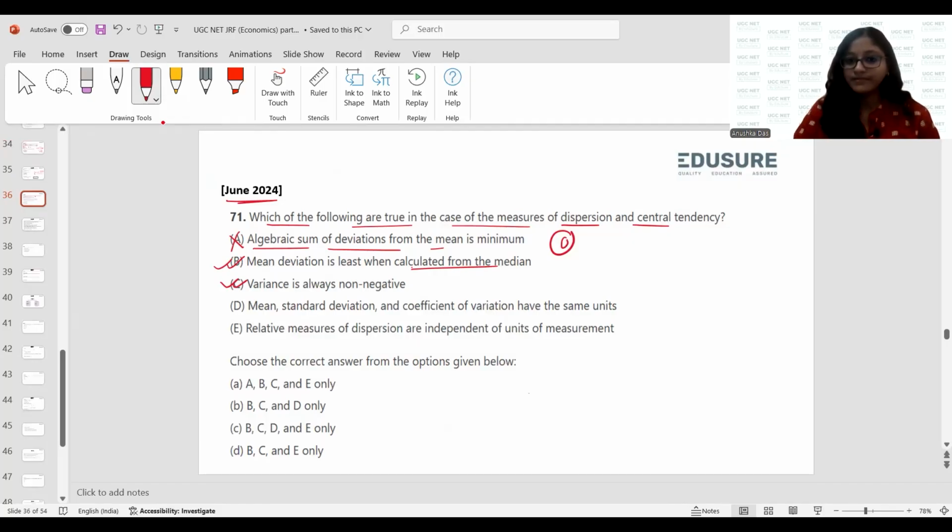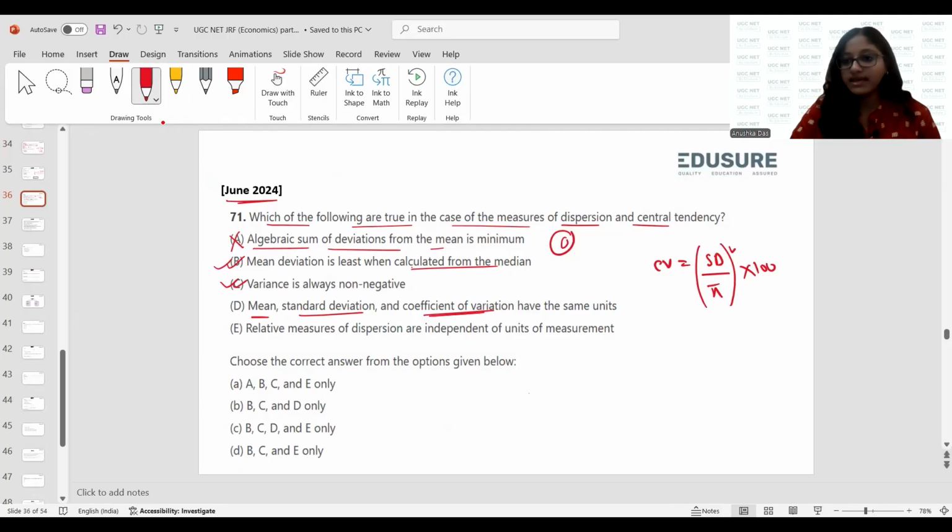Is this true? If you remember, while talking about dispersion, we said there are two measures of dispersion: one is the absolute measure, one is the relative measure. Mean and standard deviation come under the absolute measures of dispersion, which have units of measurement. But what is CV? CV is basically SD upon mean into 100. So it is the ratio of two absolute measures.